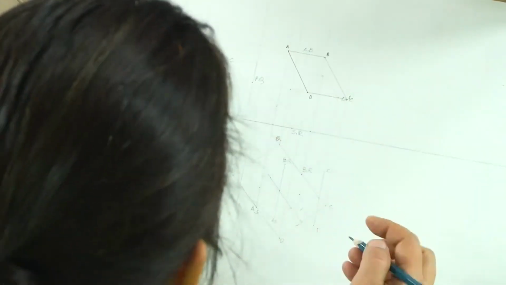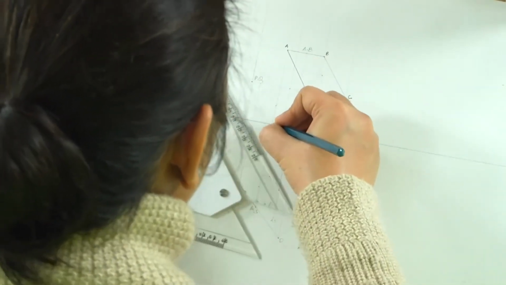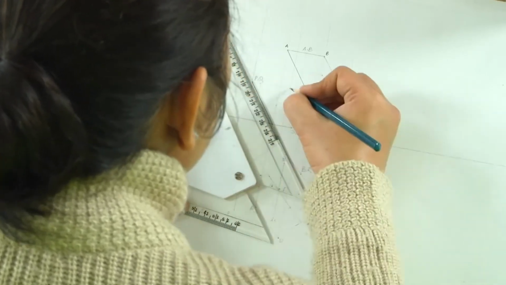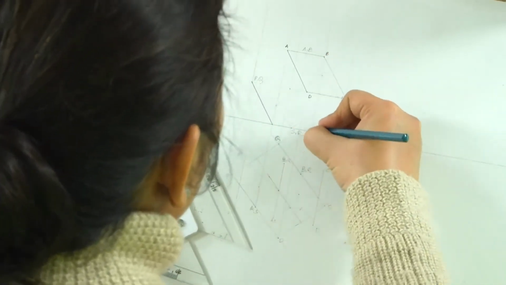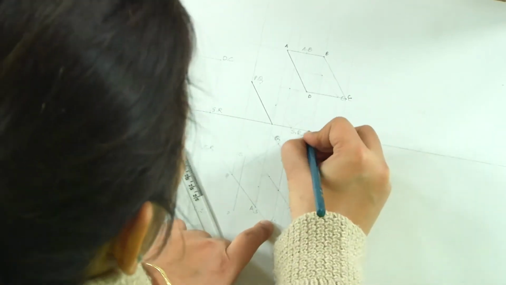This is the top one, and then P, S, Q and your R. R is here.